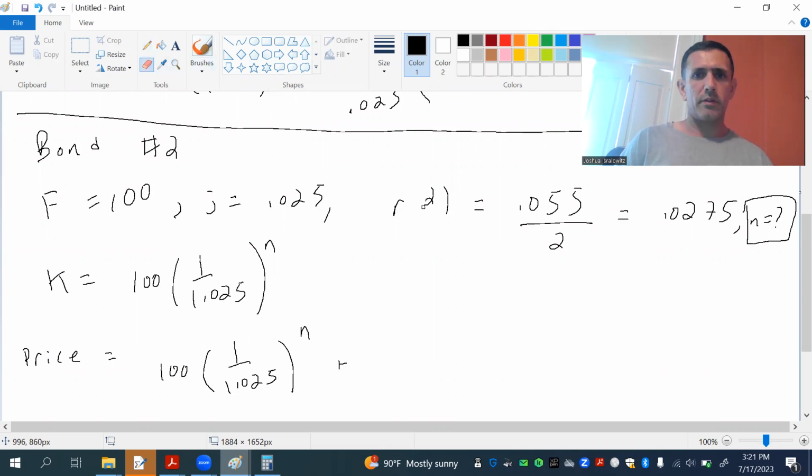R is R2 over 2, and that's 0.055 over 2. Okay, so it's R over J, 0.0275 over 0.025 times F minus K.